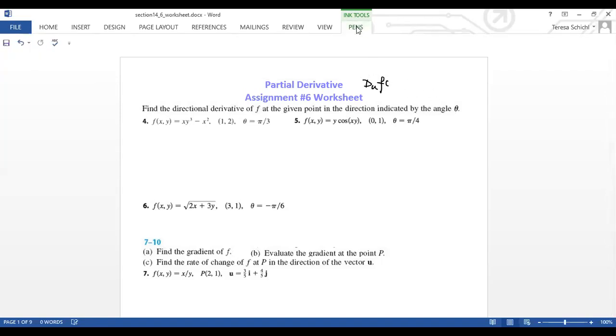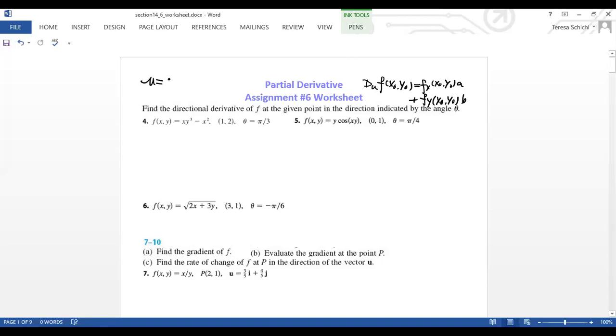Maybe that is better notation. So this will be equal to the partial of f at x0, y0 times A plus the partial of f in y at x0, y0 times B.